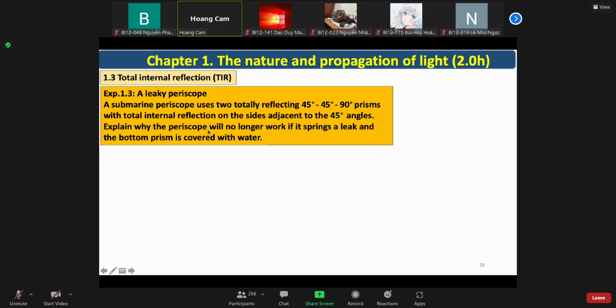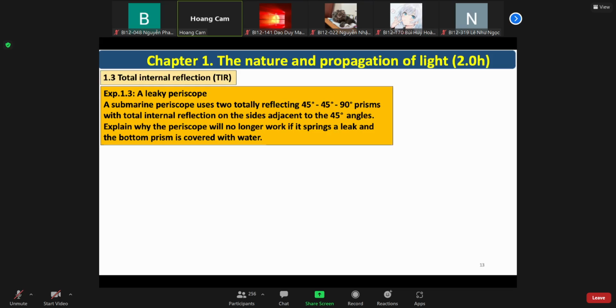Explain why the periscope will no longer work if it springs a leak and the bottom prism is covered with water. Basically, when you see this kind of question, you should figure out some clues.